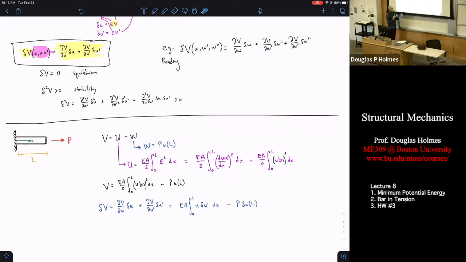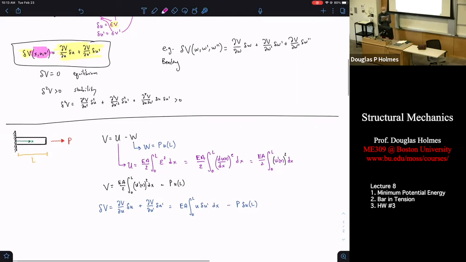But that's fine for here, but we have this appearance of a derivative of our virtual displacement. That's a problem. We don't actually know anything about the constraints or lack of constraints on the derivatives of our virtual displacements. So the way to resolve that is by getting rid of that derivative term.